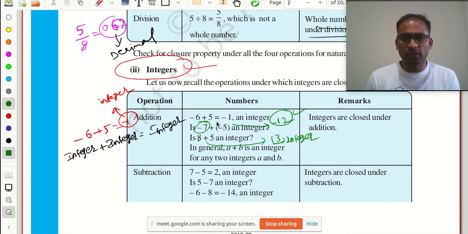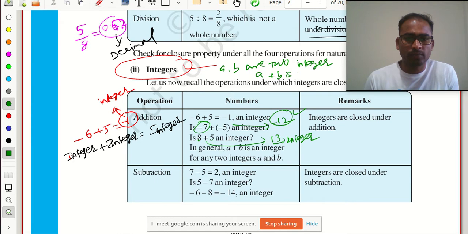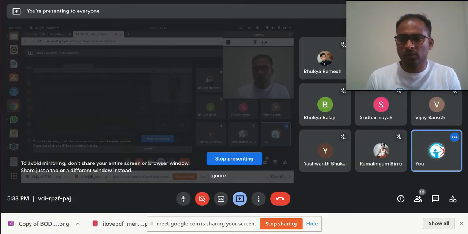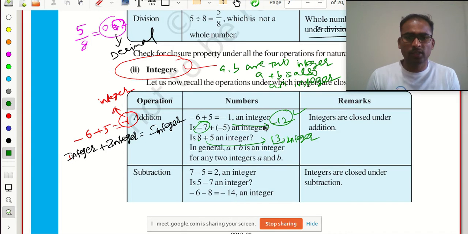In general, A and B are two integers. Then for any integers, A plus B is also an integer. Then we can say these integers are closed under addition.